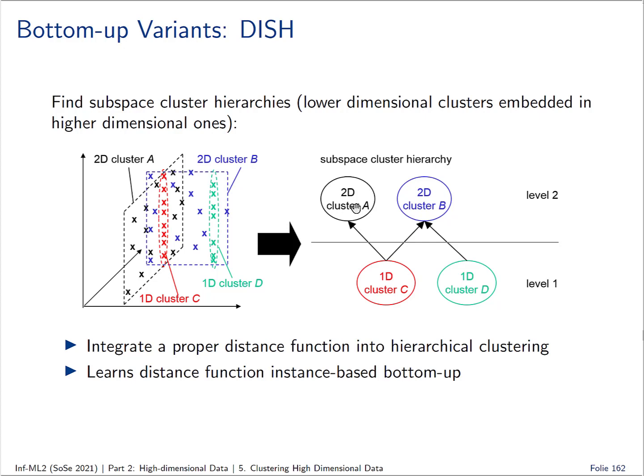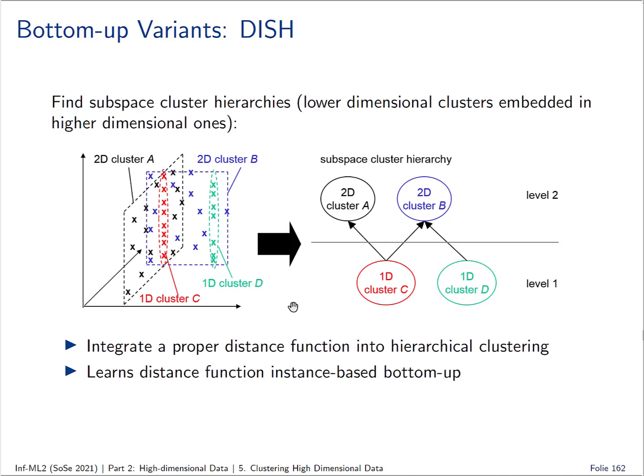Cluster hierarchies in the traditional sense, in the non-high dimensional or non-subspace sense, are the fact that we have a more specific cluster nested in a less specific cluster, and we can do the same here, but now explore these hierarchies along dimensions. So we may have lower dimensional clusters embedded in higher dimensional clusters. For example here, a one-dimensional cluster embedded in two-dimensional clusters. And maybe we want to reveal this one here.